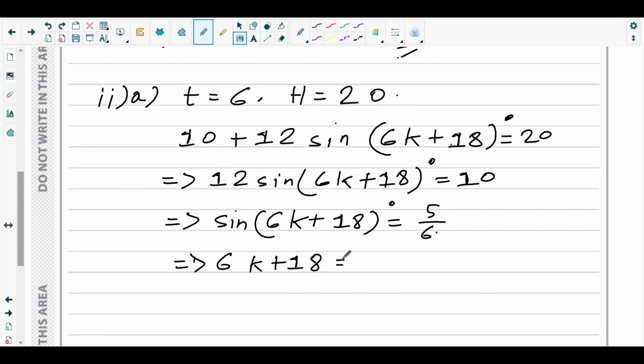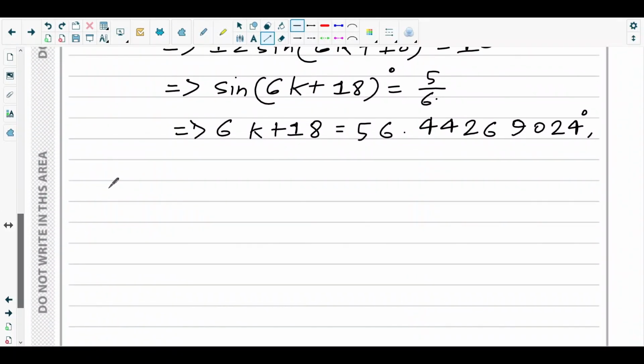So 6k plus 18 equals sine inverse of 5/6. Remember your calculator should be in degree mode because the angle is in degrees. That gives 56.44269024 degrees. Now we have to consider the CAST diagram to get the possible values.